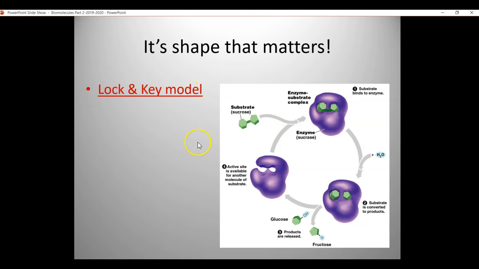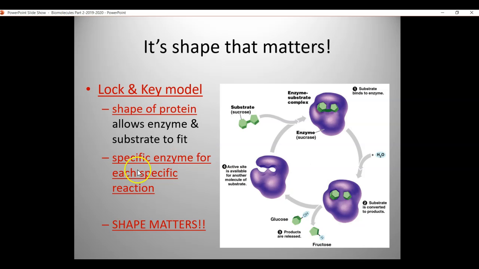All right, so the lock and key model, as I mentioned: the shape of the protein allows enzyme and substrate to fit. There is a specific enzyme for each specific reaction. The shape matters most. If that shape is damaged or the enzyme is denatured and changed, it cannot work any longer and do its job.